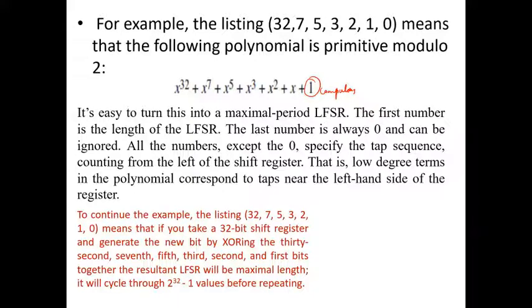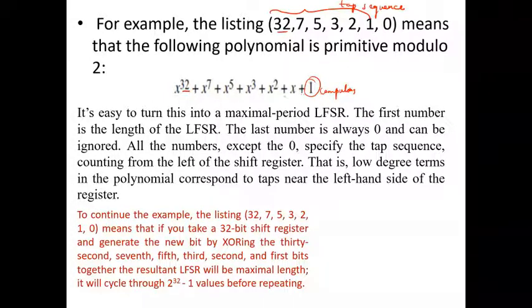The first number is the length of the LFSR. So this 32 specifies the length of the LFSR. The last number is always 0 and it can be ignored, as I told you. All the numbers except the 0 specify the tap sequence. This is what we call the tap sequence. The primitive polynomial modulo 2 is given like this.